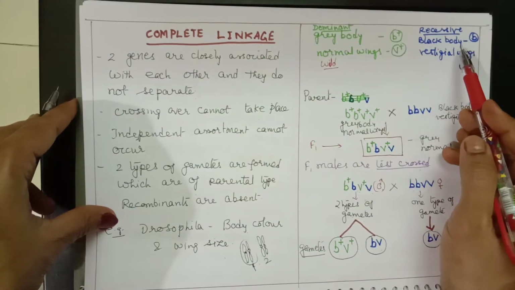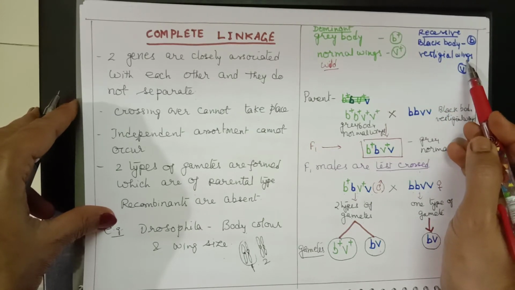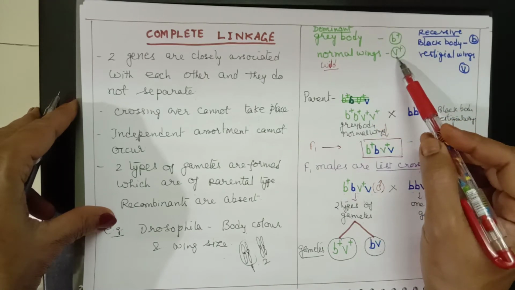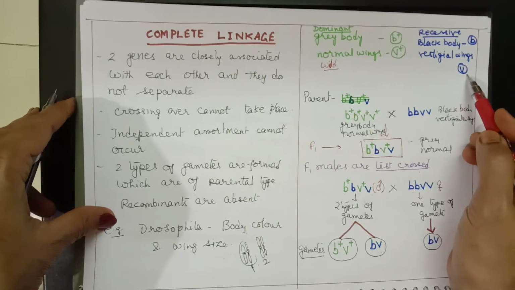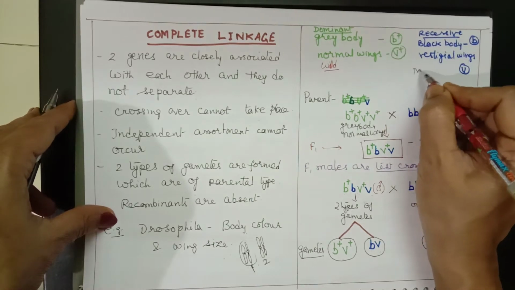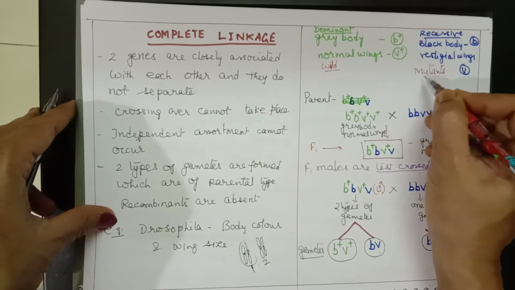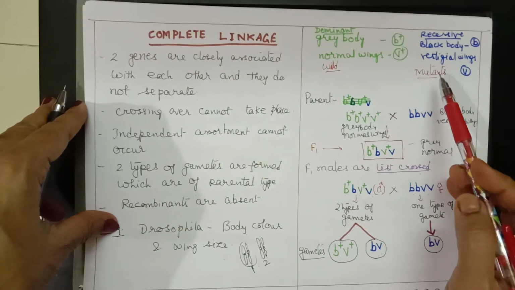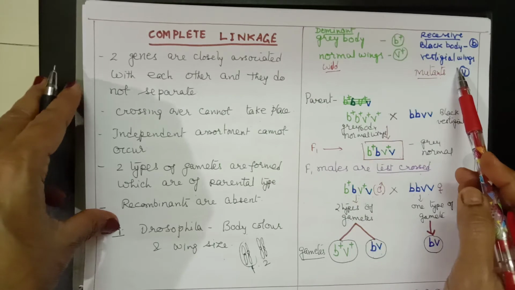The recessive is black body color and vestigial wings. Dominant characters are represented as B+ V+, and recessive characters as b and v. These recessive characters are also called mutants, because we find many mutations in Drosophila. As a result of mutation, we find these characters.